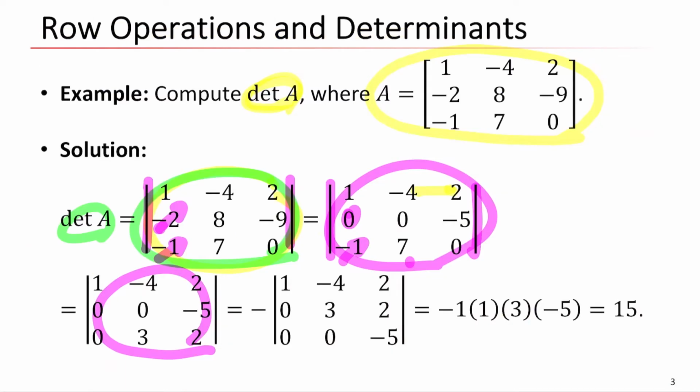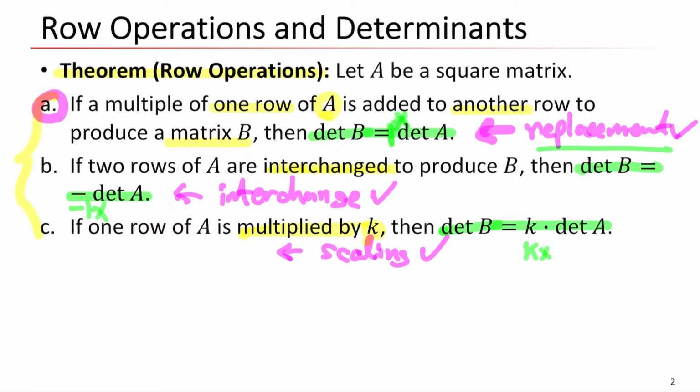So what do we want to do next from here? We want to swap this row and this row, so we have to apply the interchange operation.